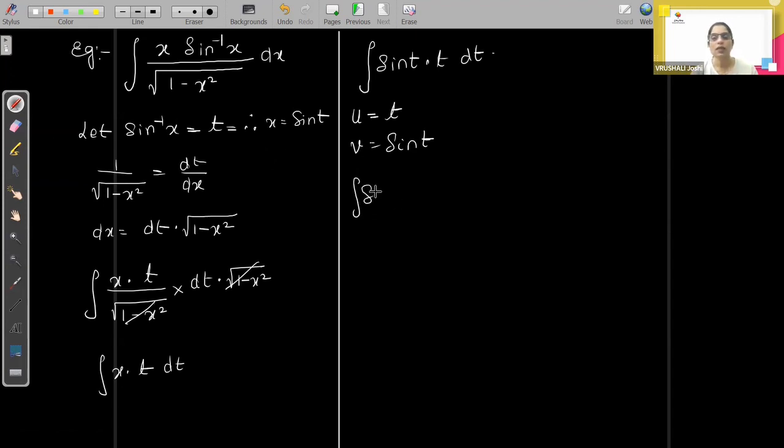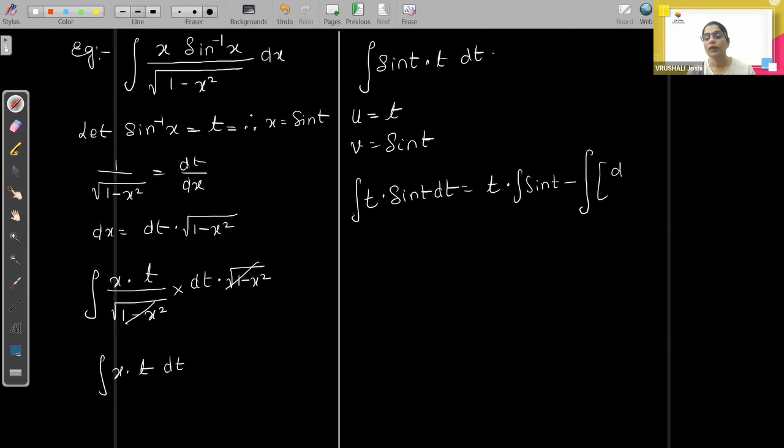Integration of sin t into t is okay. So integration of t into sin t dt is equal to first function as it is into integration of second function, minus whole integration of, what will come?